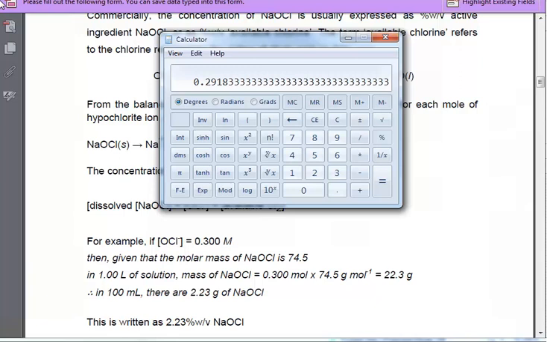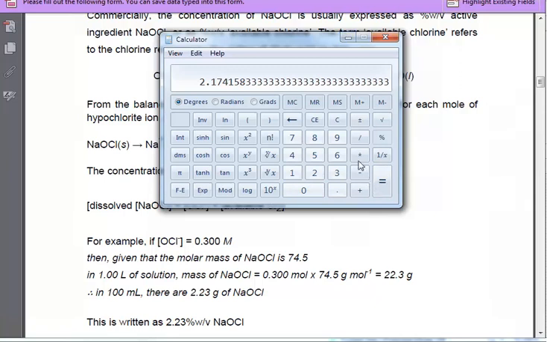So this is the number of moles times 74.5. That's 21, and that's per litre. This contains 21.74 grams of hypochlorite per litre. So per cent, or per 100 mils, we need to divide by 10. 2.174.